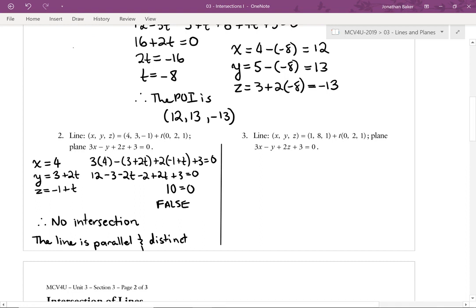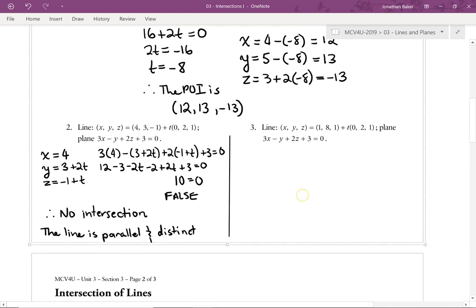So following the same process here, we're going to end up with different parametric equations because we have a different point here. Same direction vector. So of course x is going to be just this value here, which is 1. Y is equal to 8 plus 2t, and z is equal to 1 plus t.